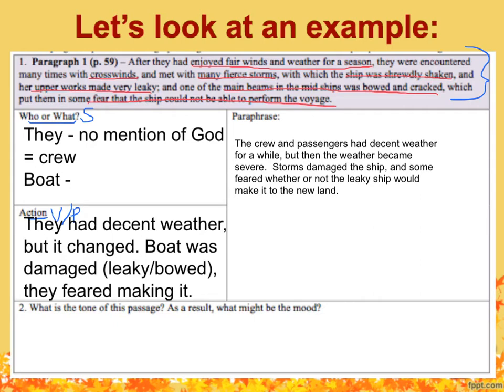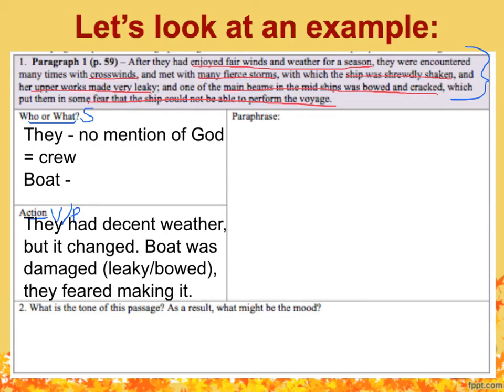I don't want to leave any key information out because I know in a paraphrase I'm saying the same thing in different words. And when I'm looking at the who or the what and the action, I might have forgotten something. If I hadn't gone back to the reference of they being used twice, I might have missed the part that they feared whether or not they would make it to the new land.